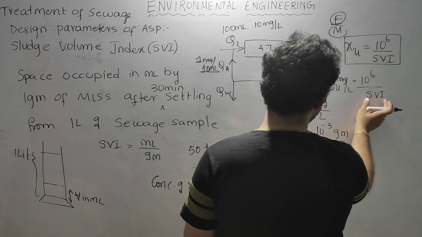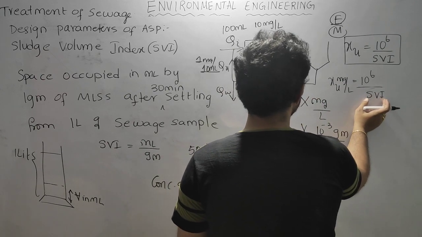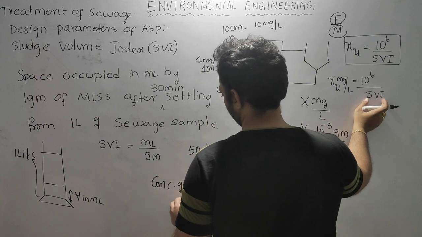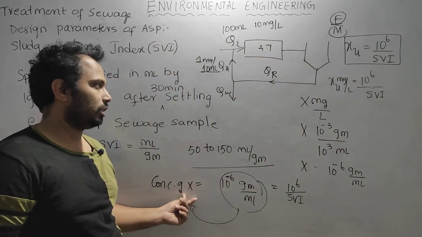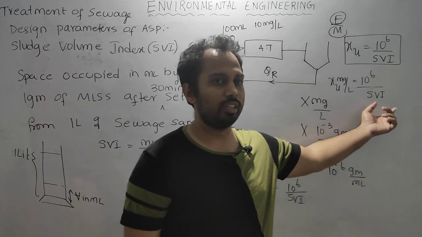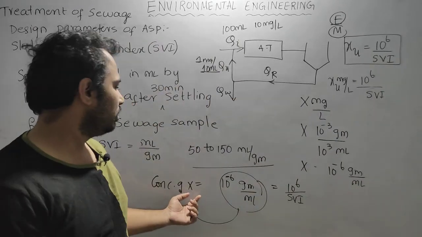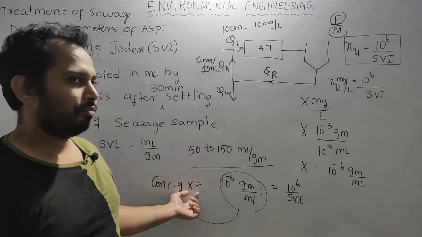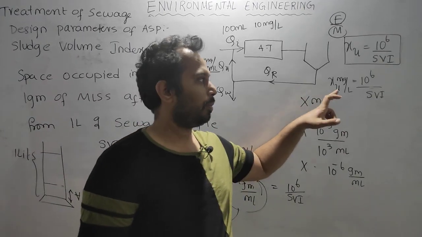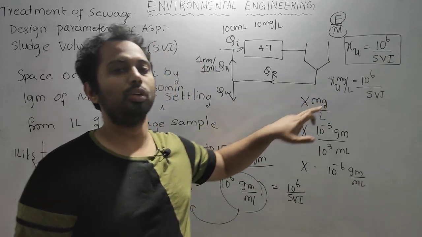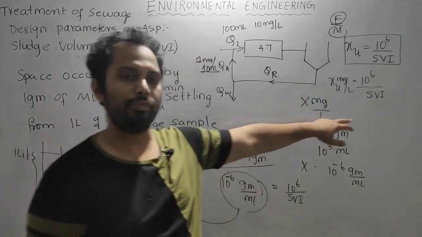What I want to say here is this SVI we are calculating from the concentration of MLSS. We are calculating it from the concentration of X here, and we are equating that to XU. That means indirectly we are equating XU to X using this SVI.